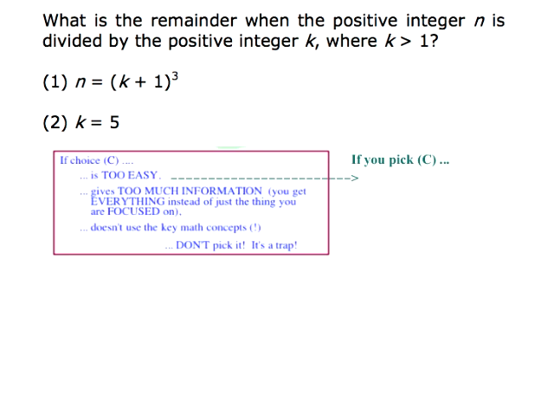I have K is 5, and N is 6 cubed. Then you have hard numbers, and of course there's going to be one remainder if you have one set of numbers. It's too much information, meaning, remember, the goal is not to find K and N. This is not the goal of the problem.